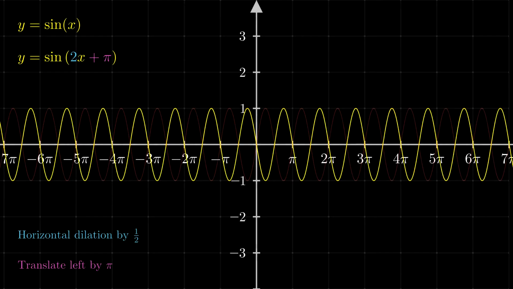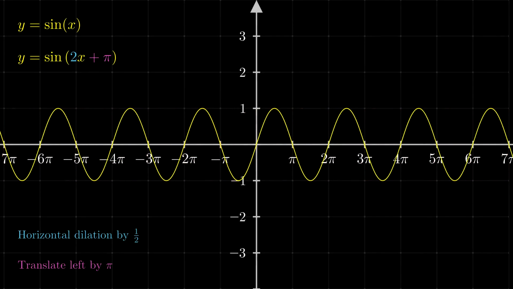So who's correct this time? Well, we need to once again track how we got from the basic sine equation to the transformed one. So notice that in this equation, it's still just y equals sine something. So actually the form of the equation hasn't changed, only the x-axis, right? Because x itself has been transformed.